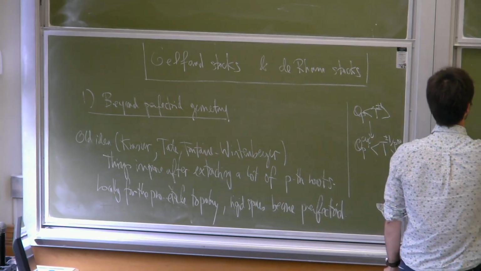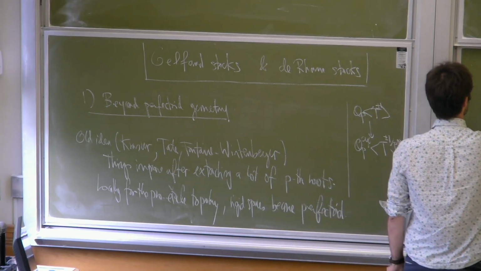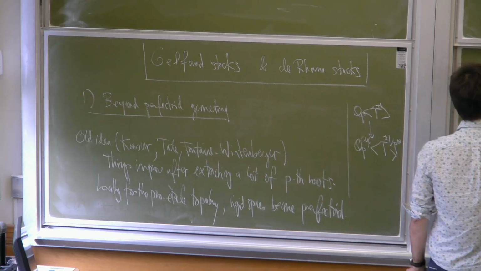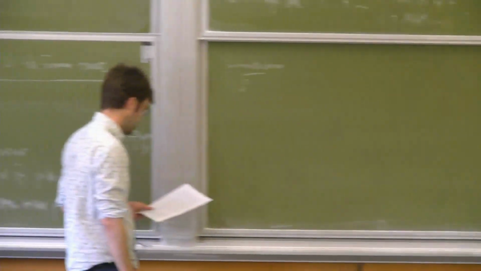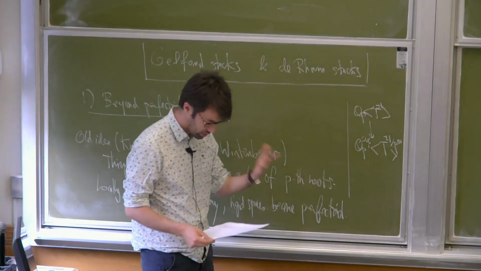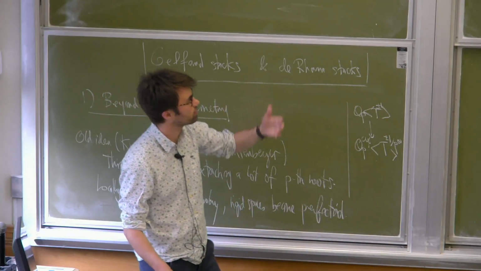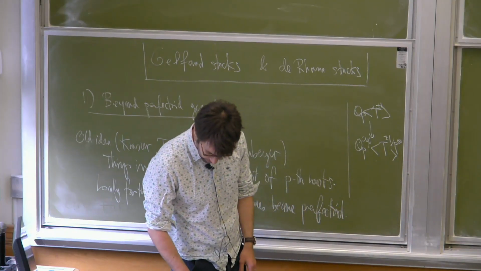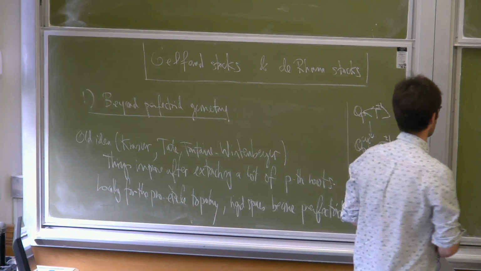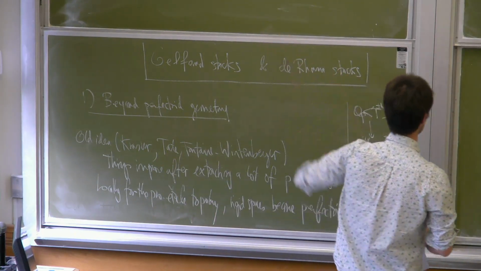But this theory of arc stacks has some limitations, and I want to maybe list two of them to explain why we want somehow to go beyond this geometric setup. And this will be somehow going back to my two motivations.